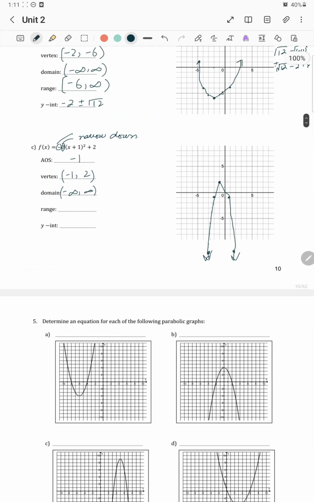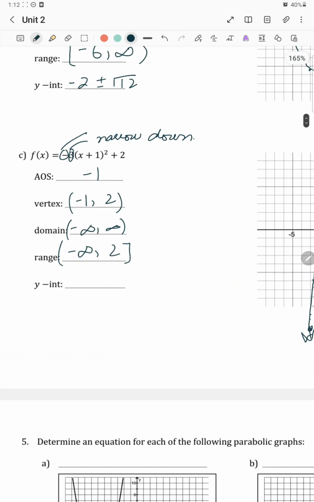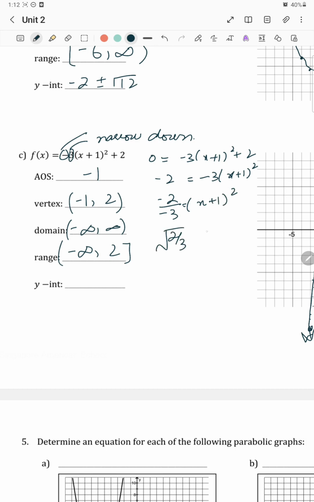Range is going to be negative infinity to 2. And 0 is equal to minus 3 (x plus 1) squared plus 2. Negative 2 is equal to negative 3 (x plus 1) whole squared. Negative 2 by negative 3 is (x plus 1) whole squared. Square root of 2 by 3 is equal to x plus 1. Square root of 2 by 3 minus 1 is equal to x.